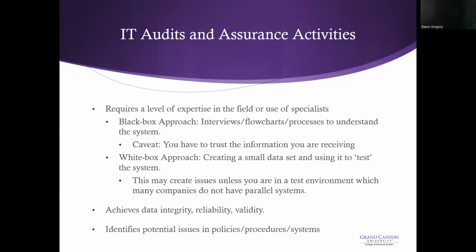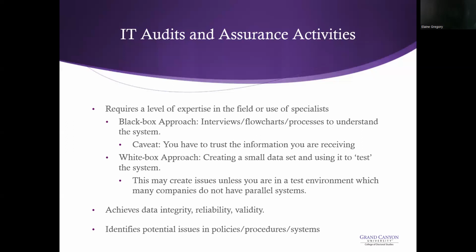Caveat, you have to have trust in the information you're receiving. So you'll probably have to do some vouching and tracing. You'll have to run some reports on the system to see if those processes, interviews, flowcharts really work.